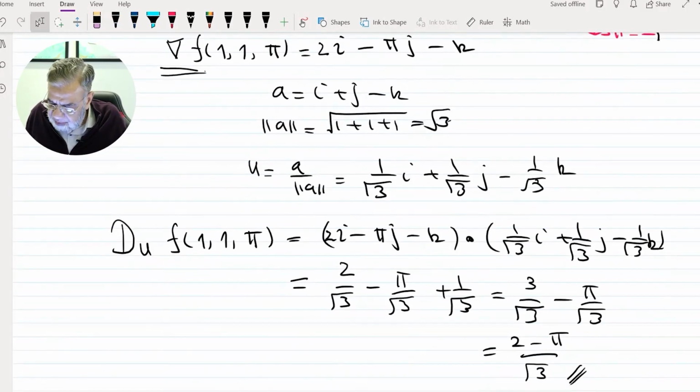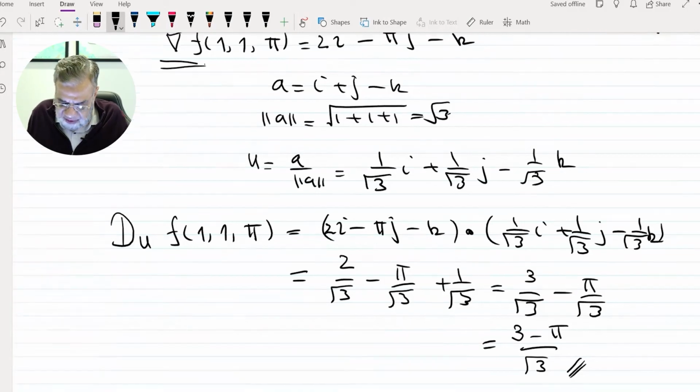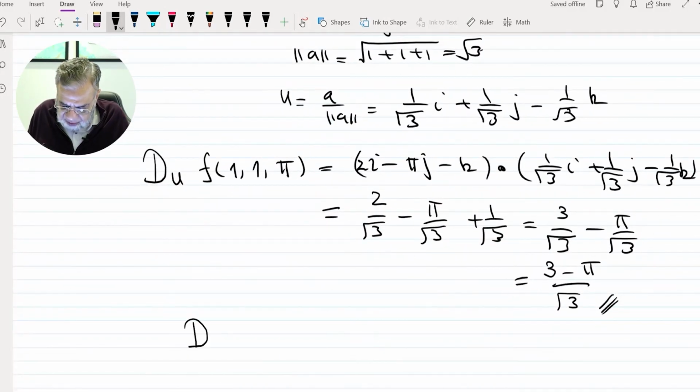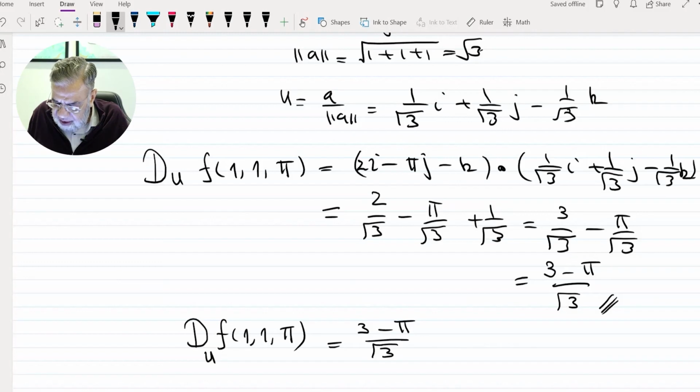So we take root 3 common, and we get the value of the directional derivative equal to 3 minus pi over root 3. So that's how we find the directional derivative of the function at the point 1, 1, pi in the direction of the unit vector u, which is 3 minus pi over root 3. So that's the solution of our problem.